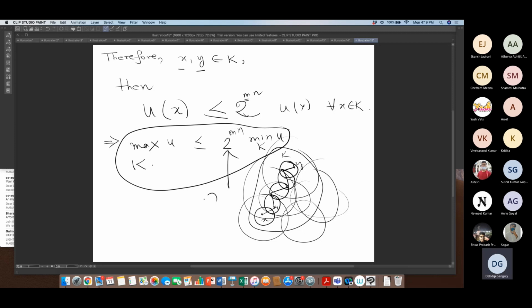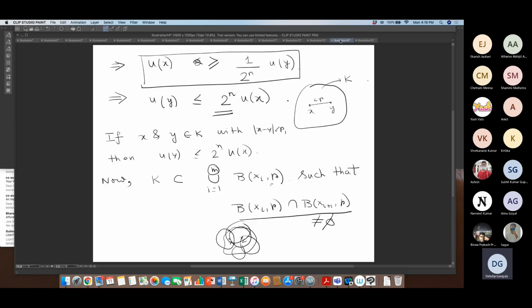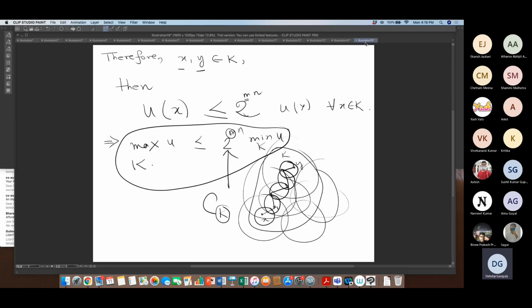See, this is a constant C_K, which depends on the compact set. Why does it depend on this? Because of this number m. Because it depends on the compact set, you will have a cover. So the constant only depends on the compact set, not on the function.